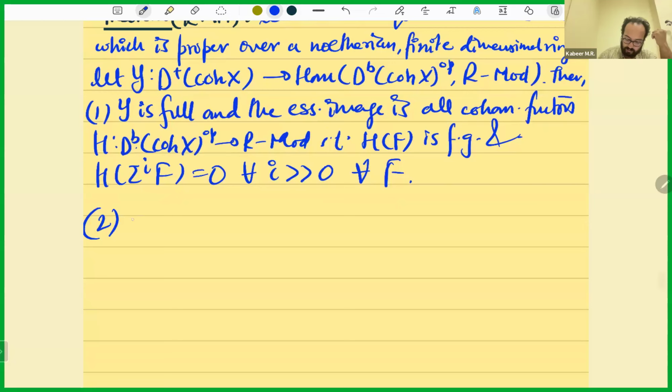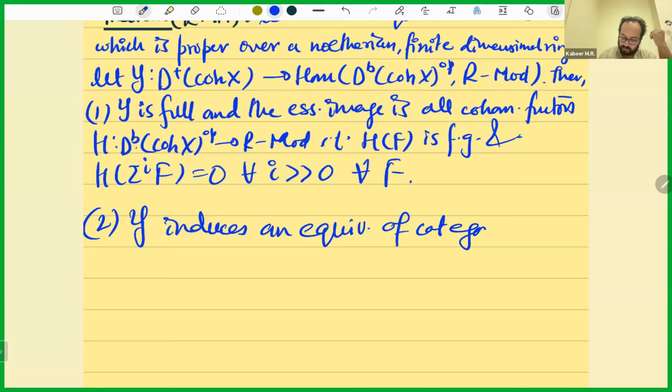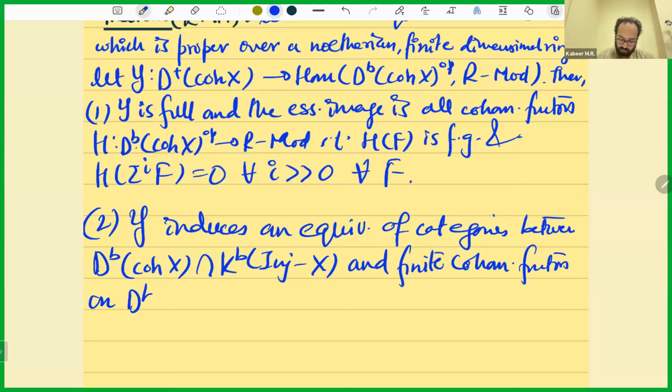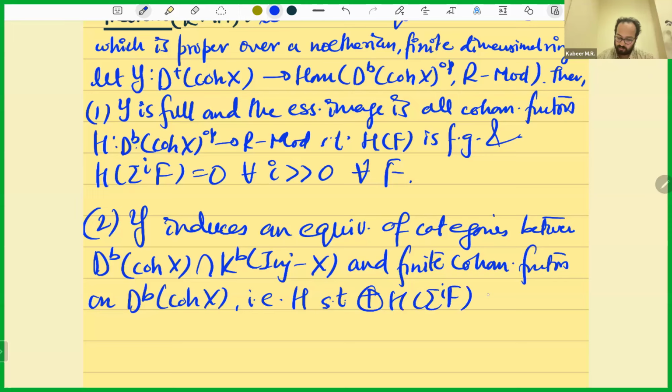The second part of this result is that Y induces an equivalence of categories between the intersection of the bounded derived category of coherent sheaves with, basically, complexes of coherent sheaves which have finite injective dimension, this category, and finite cohomological functors on D^b_coh(X), which again, to remind you, are all the functors H such that this is finitely generated.